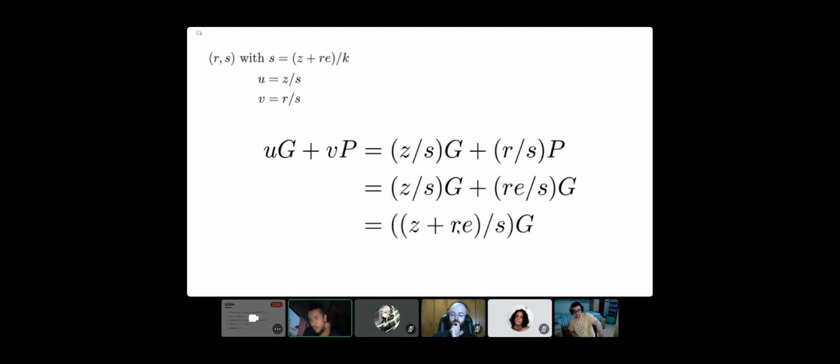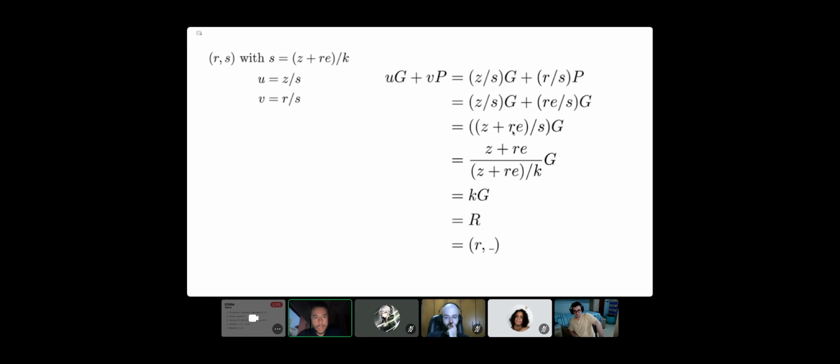this last equality here. And remember that I know an equation for S, so I can substitute little s here for something that I know, which is the equation. And notice that z plus re will cancel z plus re in this calculation here.